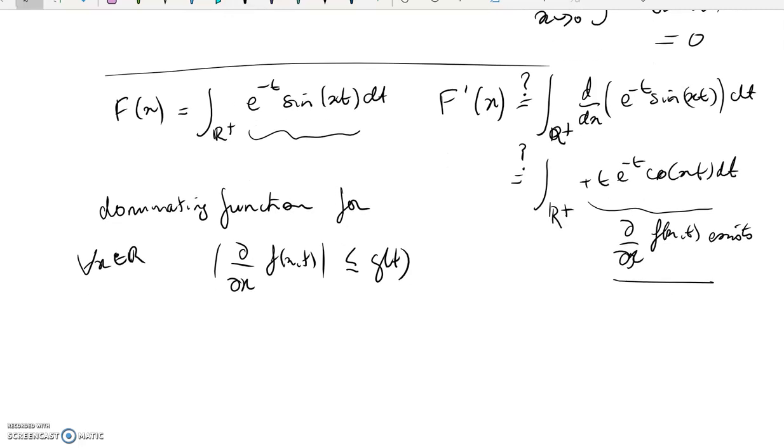I've got this. So again, this one is going to be fairly direct. I can put g of t is equal to t e minus t.